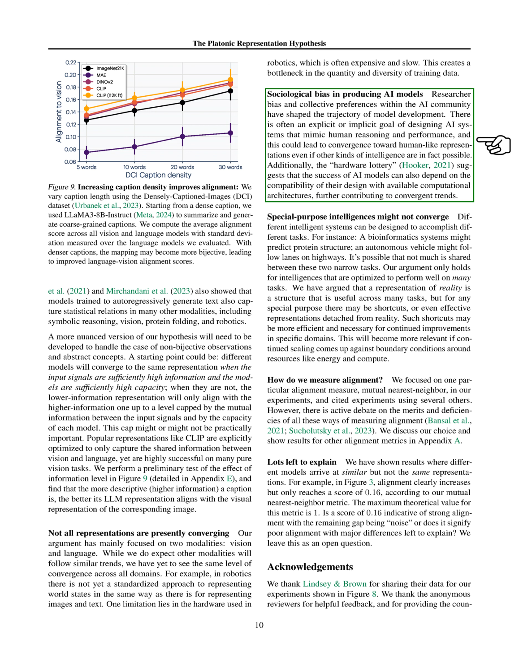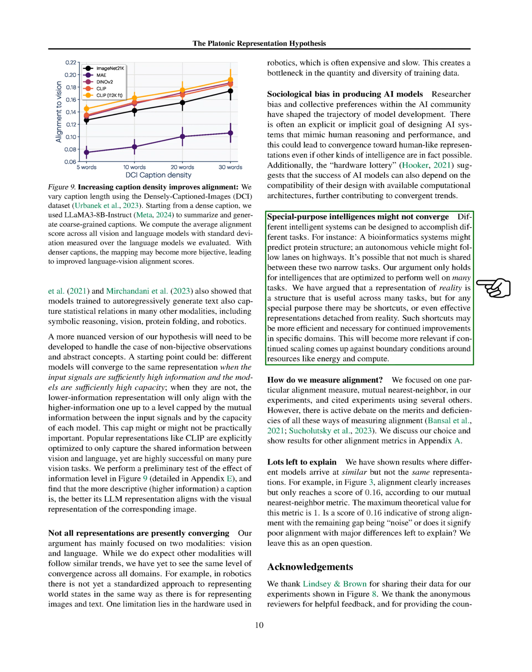It is important to note that special-purpose intelligences designed for specific tasks may not converge. Different intelligent systems optimized for distinct functions may not share much in common. While a general representation of reality may be beneficial for various tasks, specialized tasks may require unique and efficient representations that deviate from reality, especially as scaling encounters resource limitations.